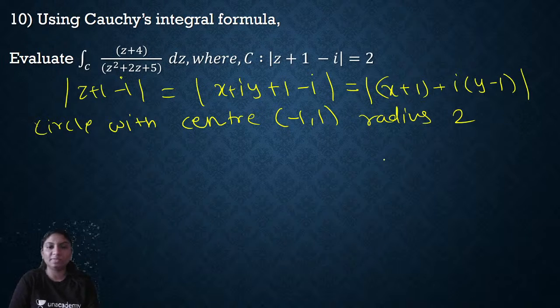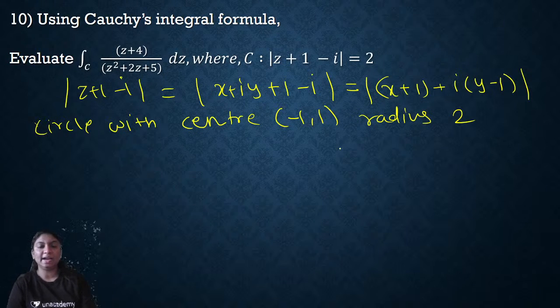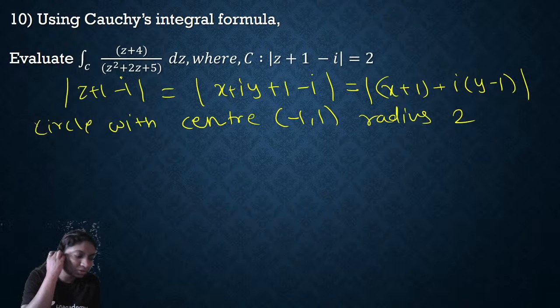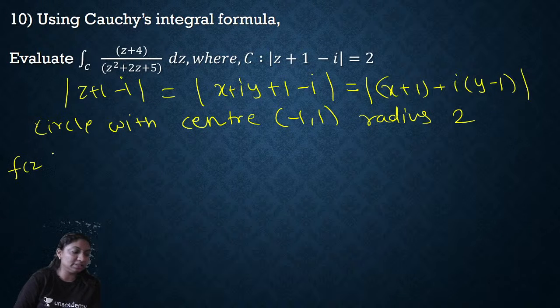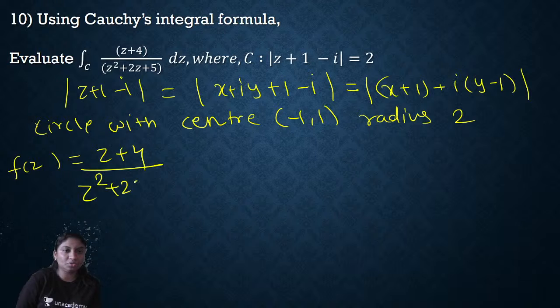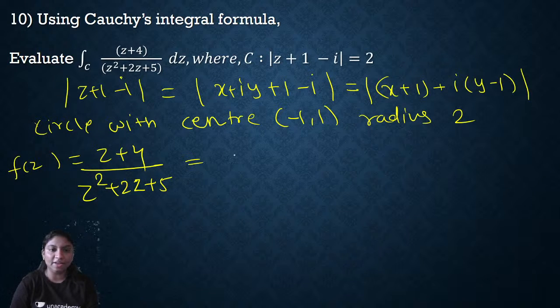This is a circle with center minus 1, 1 and radius 2. Okay, so we will check whether the given function f of z is analytic or not here. So we will first find out the poles. Okay, so can we write this f of z as z plus 4 upon z square plus 2z plus 5? We cannot get the direct value of z here.